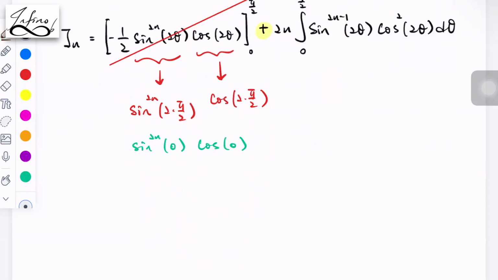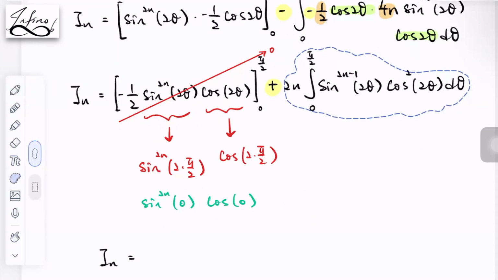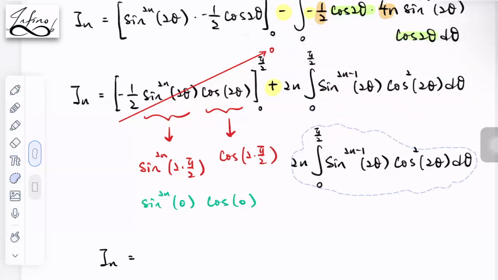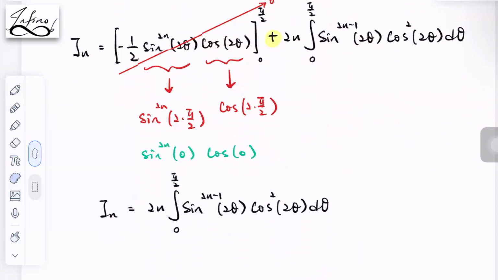So let me try to copy it first. So In equals, again, wanting to be a little bit lazy, I duplicated the latter part: 2n integration from 0 to pi over 2, and then sine 2n minus 1, 2 theta, cosine square 2 theta d theta.